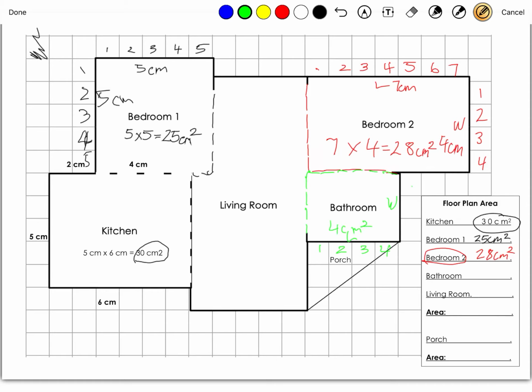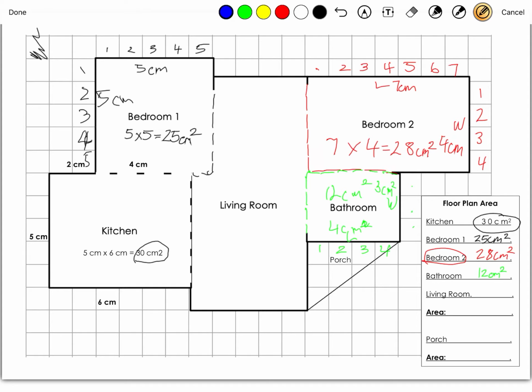We've got 1, 2, 3, 4 for the length, and the width, 1, 2, 3. So we now need to do 4 times 3. 4 times 3 is 12 centimetres squared. So our bathroom is 12 centimetres squared.